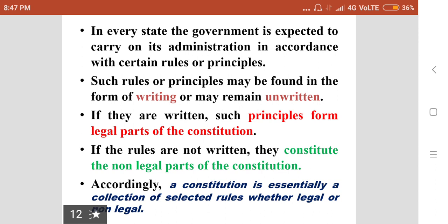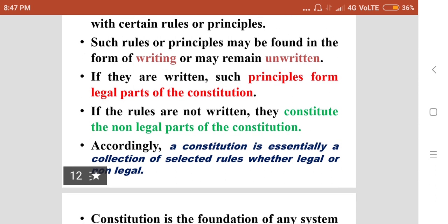Accordingly, a constitution is essentially a collection of selected rules, whether legal or non-legal.